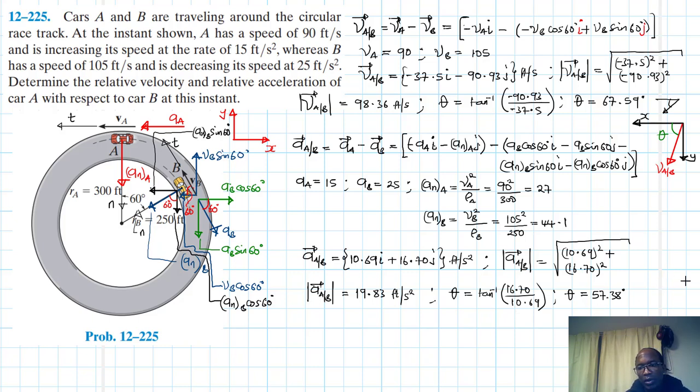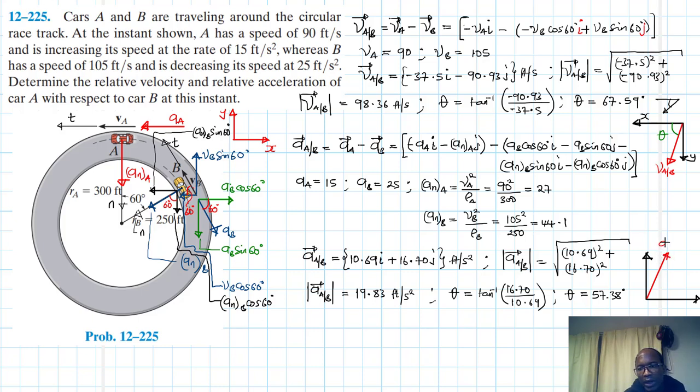So let's write down what we have. They are both positive components. The resultant is closer to the bigger vector, which is the y, so we expect it to be somewhere there like this.